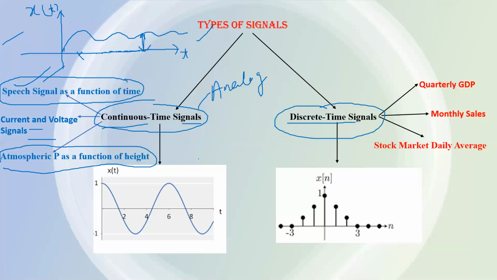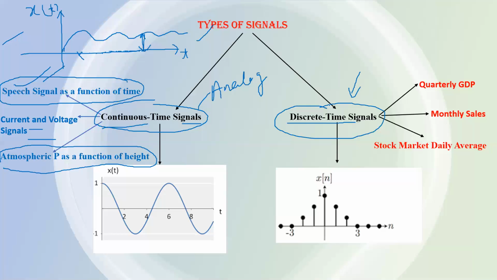And what will be the discrete time signal? A discrete time signal cannot be defined, its amplitude cannot be obtained, at each and every sample point, at each and every instant of time. It is only defined for certain sample points.